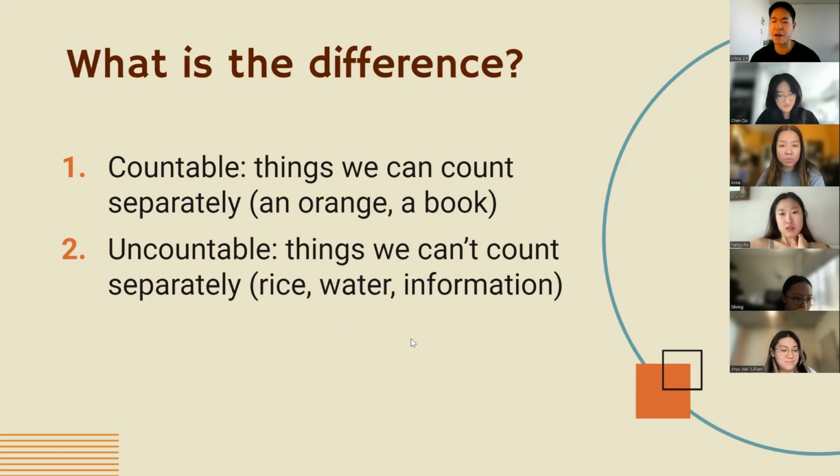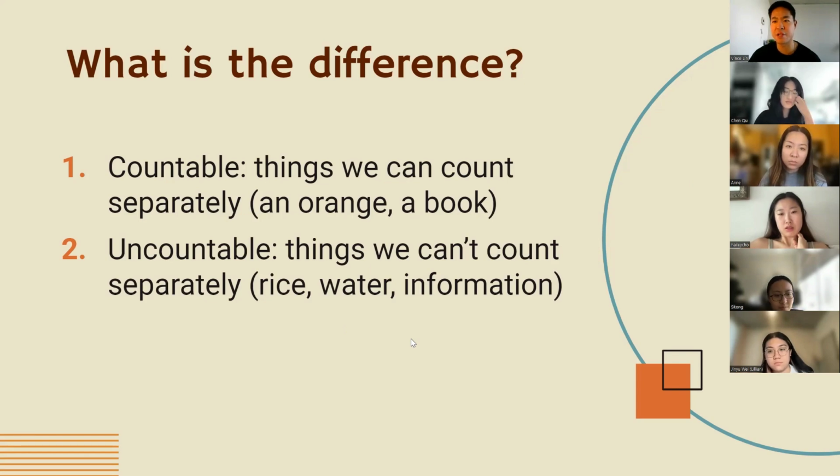So why do you think those words are uncountable? Like rice, water, information. Why do you think they're uncountable? Too much. Like water, like rice, you cannot say there are 3 rices because there's too much rice. Yeah, too much rice, right?